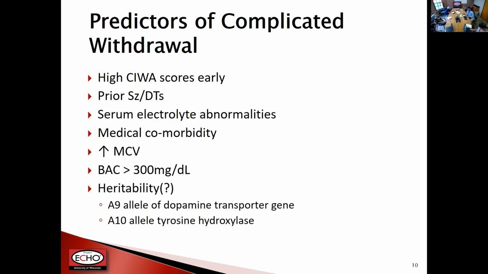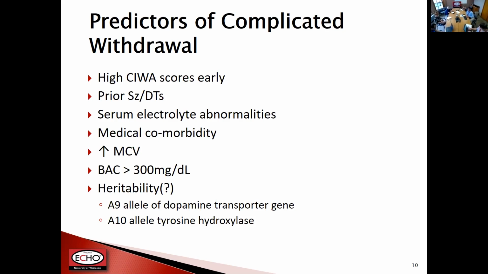And if I see that they have been greater than 300 milligrams per deciliter, or a level of 0.3, particularly if they've still been able to give a coherent history and interact with folks, that demonstrates a quite high level of tolerance and is someone who's at greater risk for more serious forms of withdrawal as well.